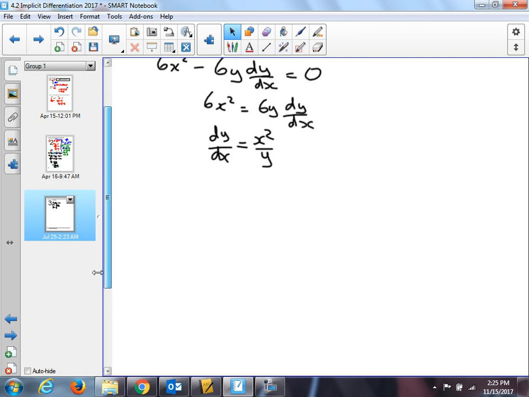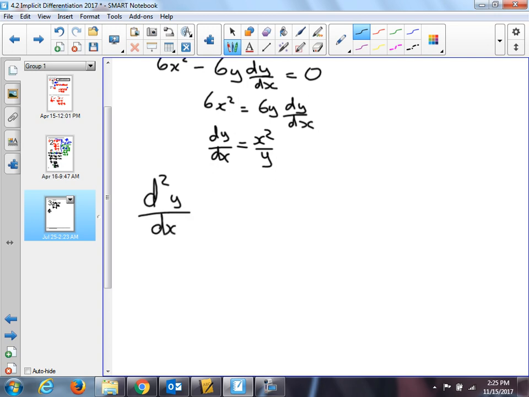Okay. So now, I take the derivative of the left side and I call it d2y over dx squared. This is the proper way to notate it. Notice that the 2 comes on the inside and then the y.